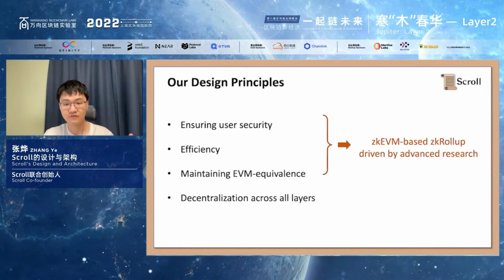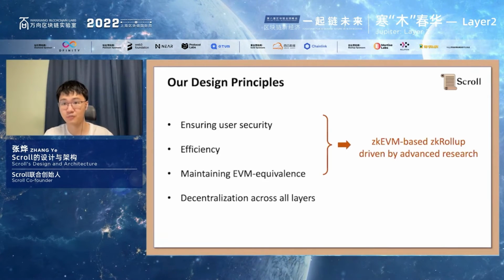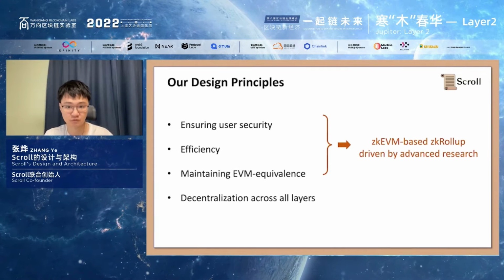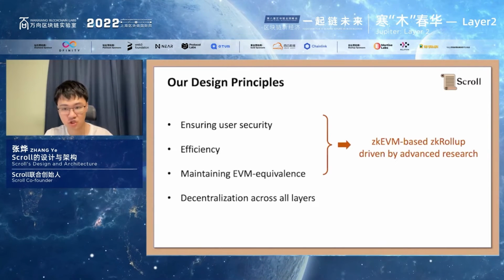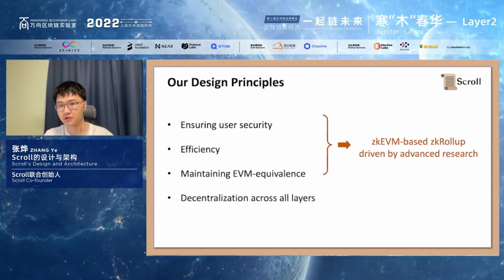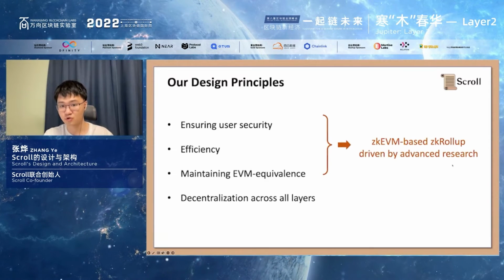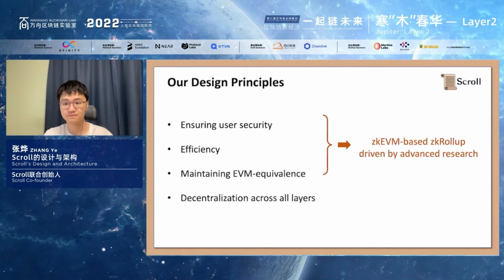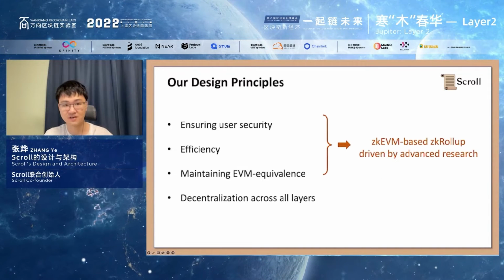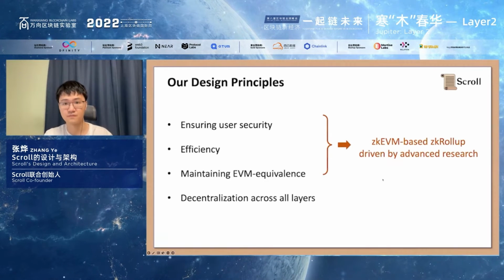Our open development approach has allowed us to work with very broad community members, especially the privacy and scaling exploration team at the Ethereum Foundation, as well as several other collaborators. We are collaborating very closely on this, leveraging the most advanced research to make zk EVM finally possible. Following all those research results, we are building a zk EVM-based zk rollup to satisfy our design principles.